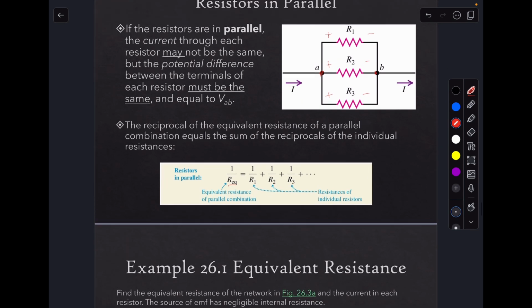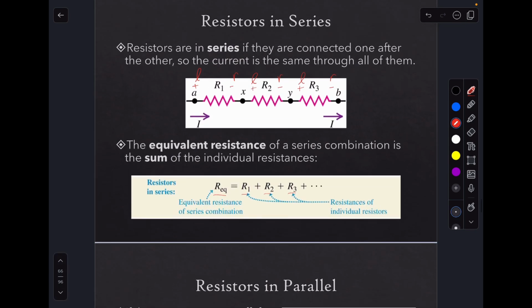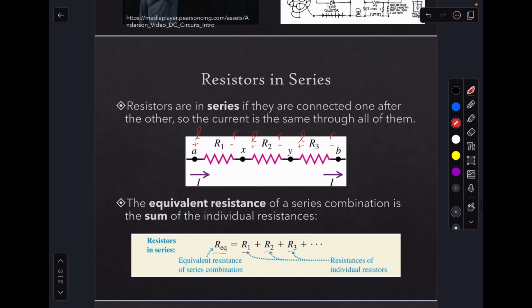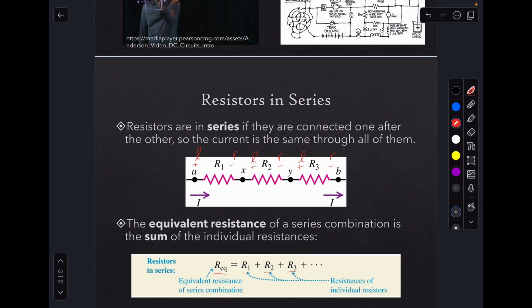Let's talk about some properties of current and voltage in a resistor. Current in resistors in series and parallel. Current is constant in series resistors.